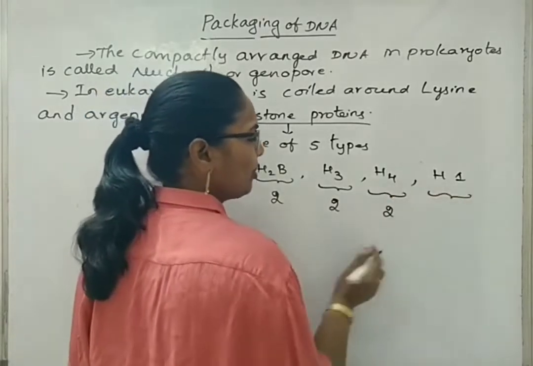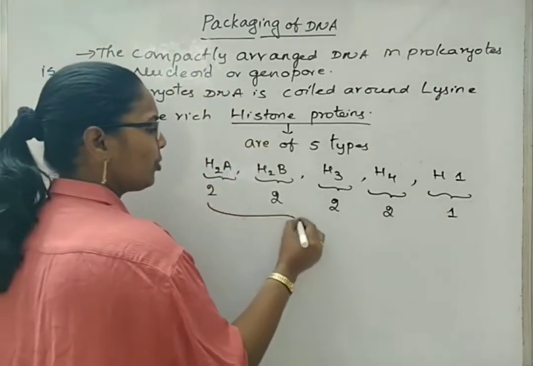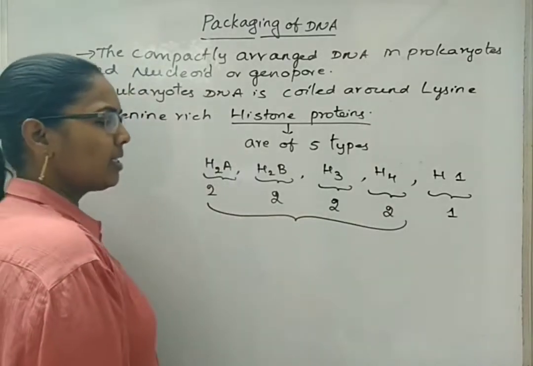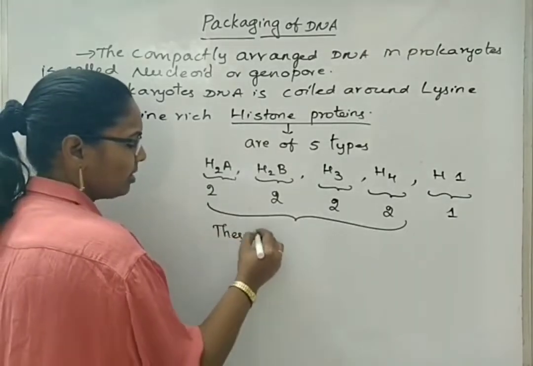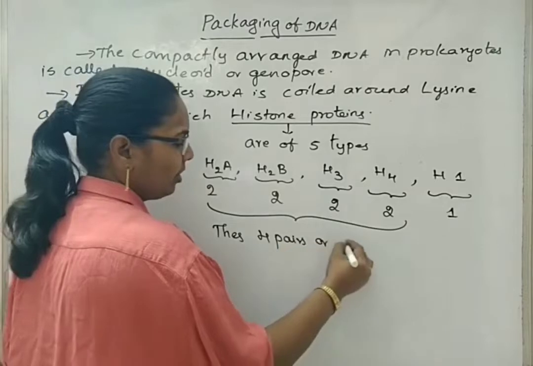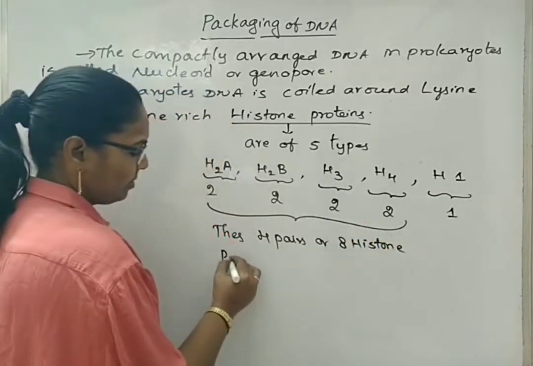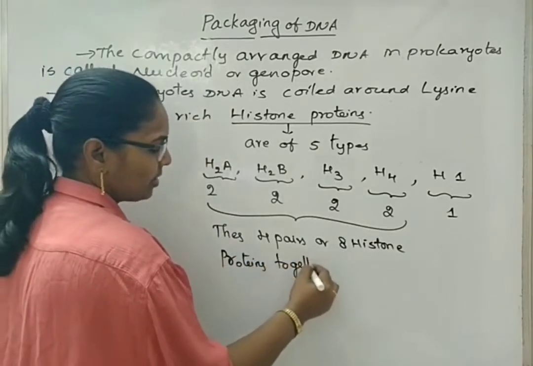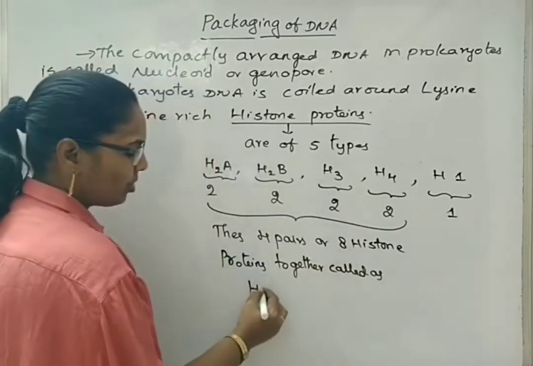But H1 is only 1 in number. These H2A, H2B, H3 and H4 histone proteins, these 4 pairs or 8 histone proteins together, are called the histone octamer.